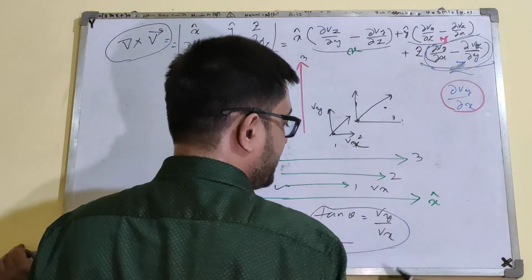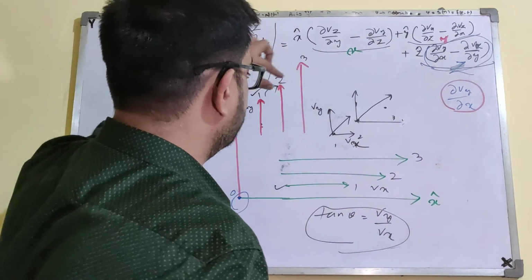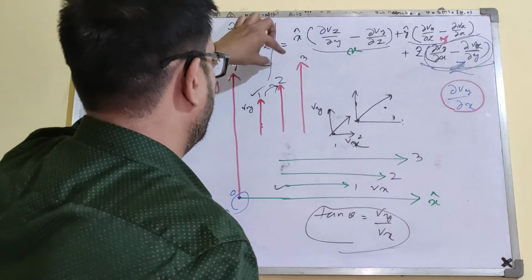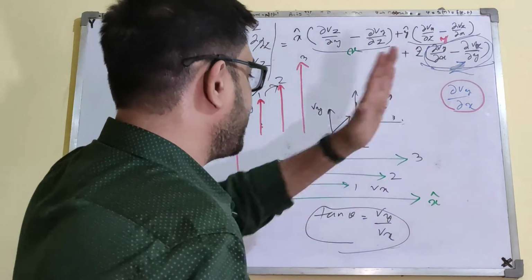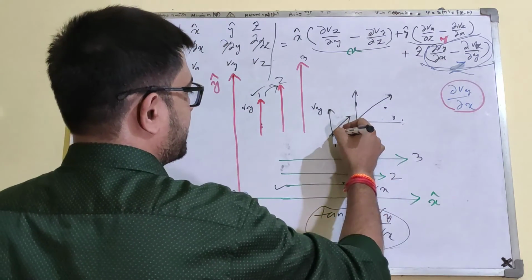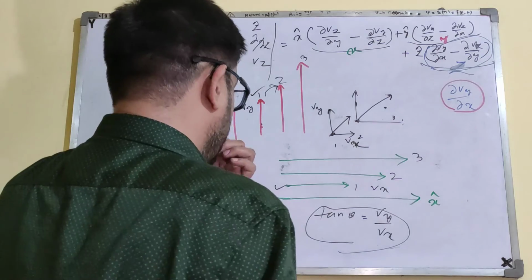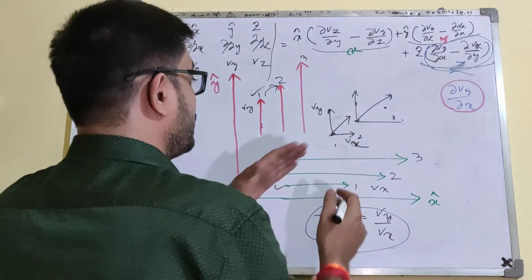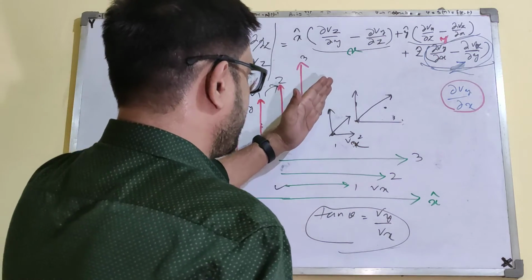If Vy increases in the same proportion as Vx increases, then the vector while going from 1 to 2 might get larger, but it will always be parallel to the vector at point number 1.